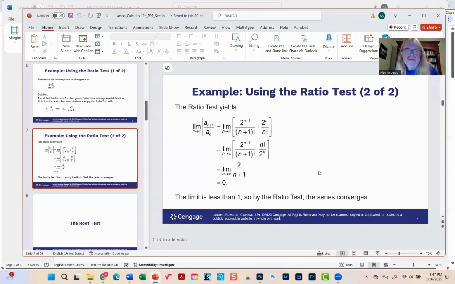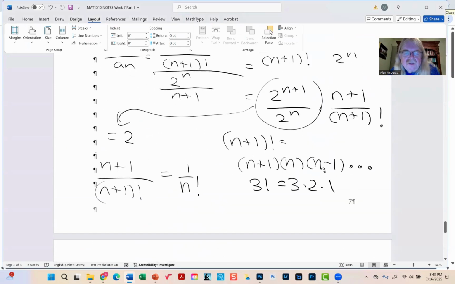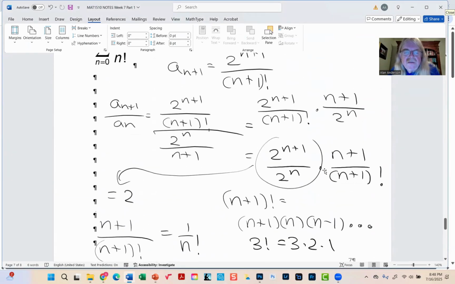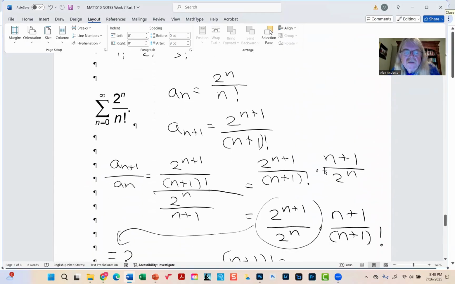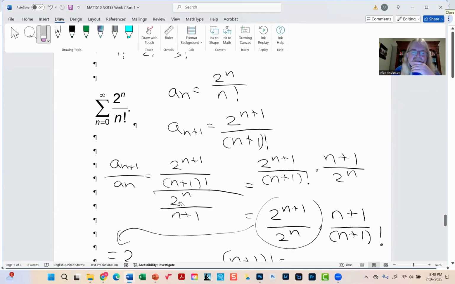So let's see. Hmm. Well, obviously I did something wrong. Let's see what's going on here. Oh, wait a minute. I know what's wrong. Right here I made a bad substitution. This isn't n plus 1. This is n factorial.